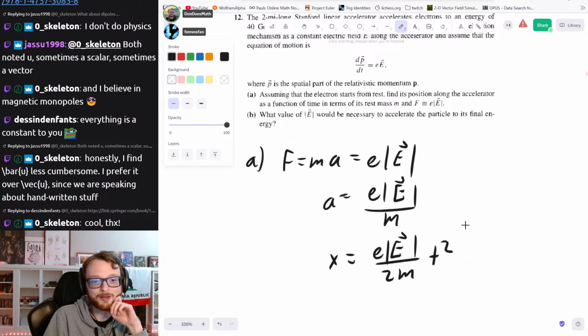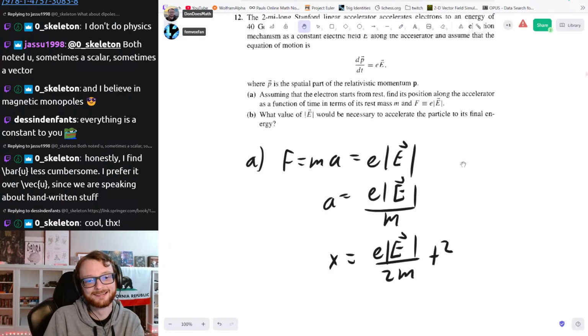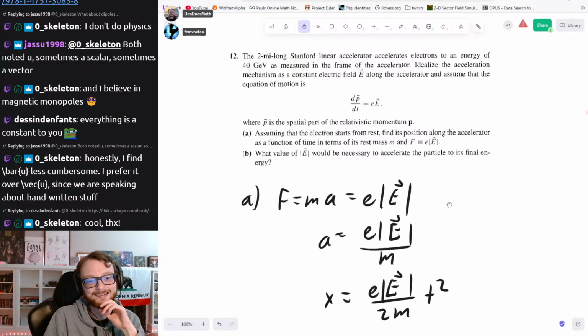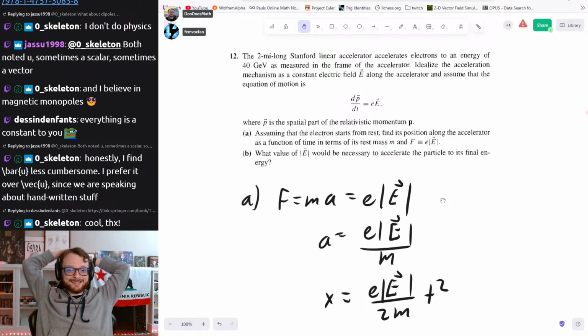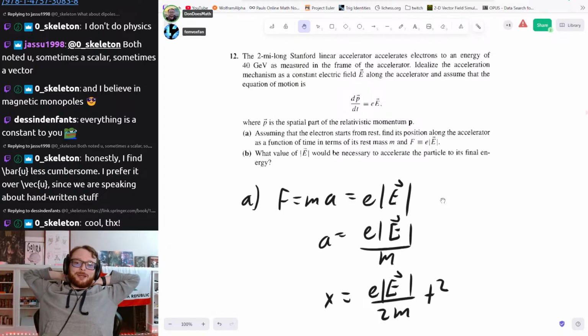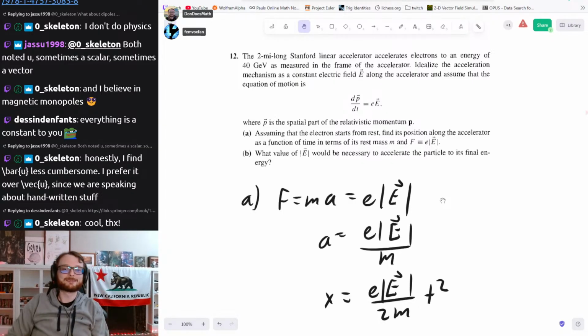This feels stupid, but I don't know what else it will possibly be. It's just a constant acceleration as far as I can tell. Oh man, I don't think it works. I don't think that works like that. But I don't know why not. We're doing it in the frame of the accelerator, I think.